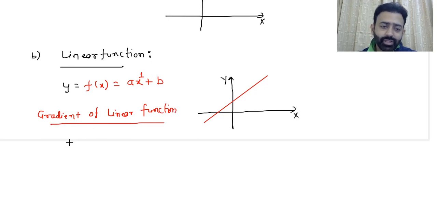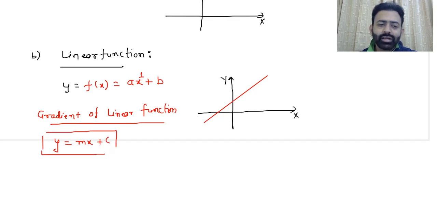Because we have studied this in terms of y = mx + c, which is the slope and y-intercept form of an equation. This equation you have learned, so this falls under the category of a linear function, right?